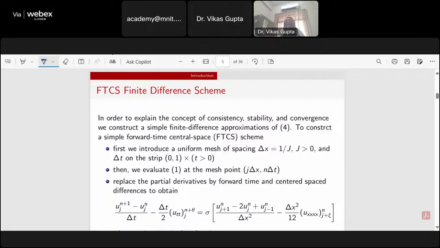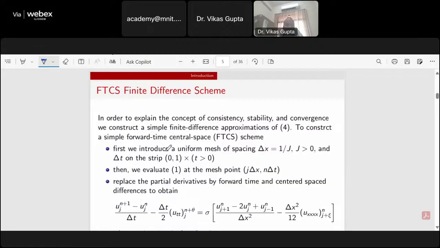To develop an FTCS finite difference scheme, first we partition the rectangular domain into small subdomains by introducing a uniform mesh with spacing delta x equal to 1 upon J, where J is greater than 0 and J denotes the number of mesh intervals in the space direction, while the time domain is partitioned with the mesh spacing delta t.